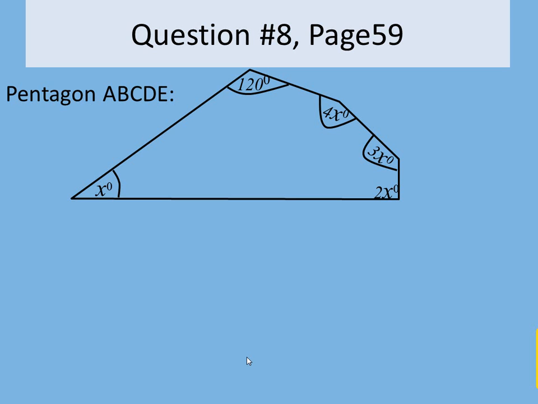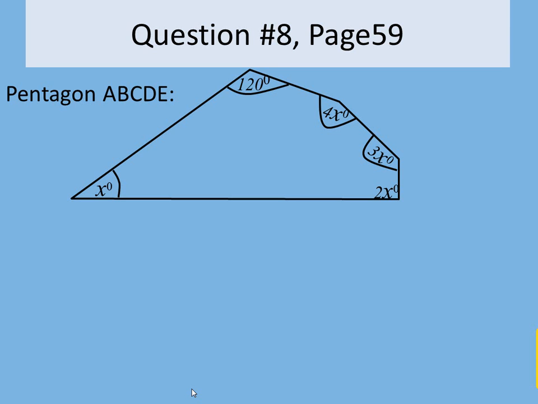8b on page 59. The situation we have is a pentagon, a five-sided figure, except in this case it's not a regular pentagon. The question says the angles of pentagon ABCDE are x degrees, 2x degrees, 3x degrees, 4x degrees, and 120 degrees.